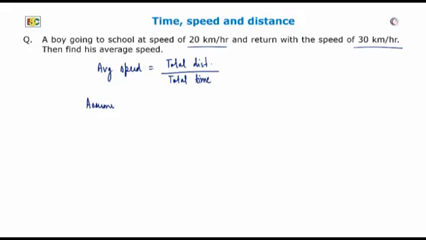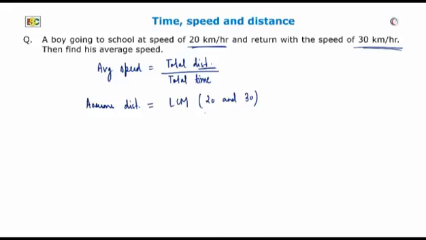So, for solving this question, an assumed distance should be equal to the LCM of both the speeds given, that is 20 and 30. We have taken the LCM of 20 and 30 so that the assumed distance can be easily divisible by both the speeds given.